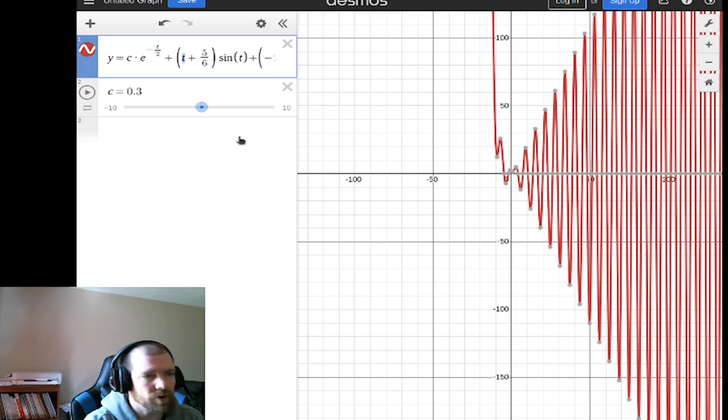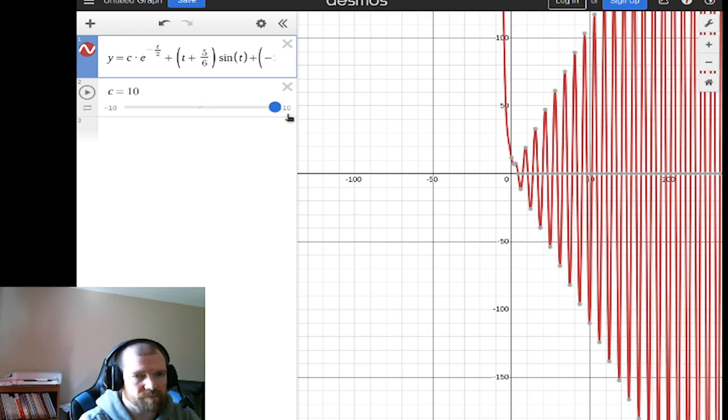So, looking all right. And if we increase this value, the exponential part of it affects the solution more, but that's only on the negative side, because all the values over there have e to the negative t over 2 being fairly large.